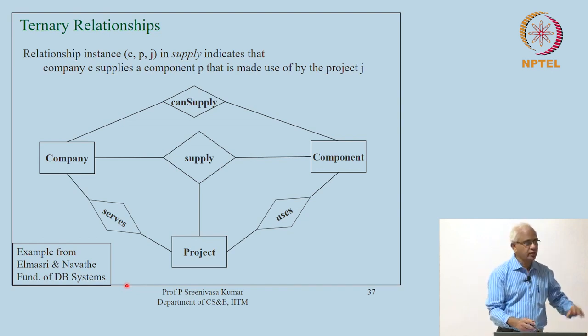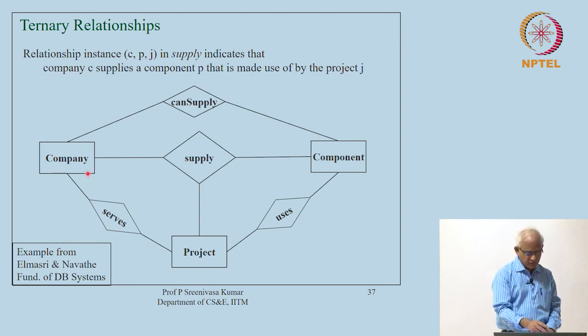So, basically what we are seeing here is a relationship called supply, and that has three entities participating in it: the company, project and a component. We have also brought into the picture certain binary relationships.